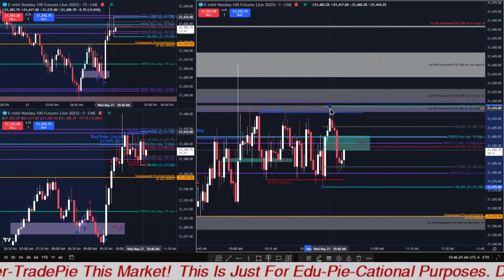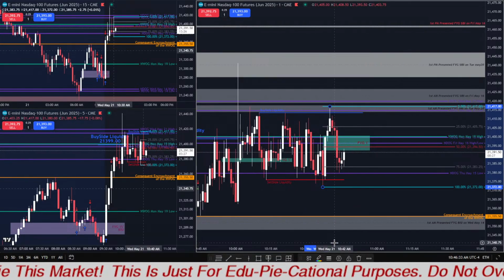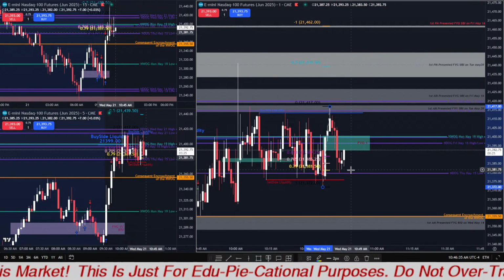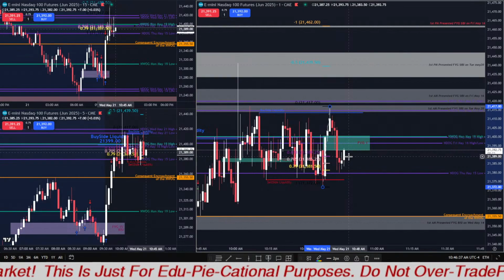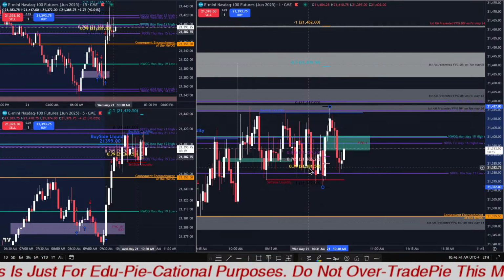If you notice, and if I make this to see the OTE, you can see the market is spending time between these levels.